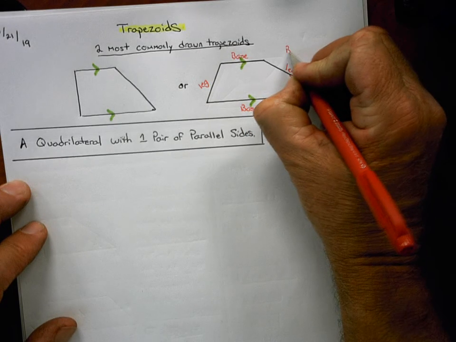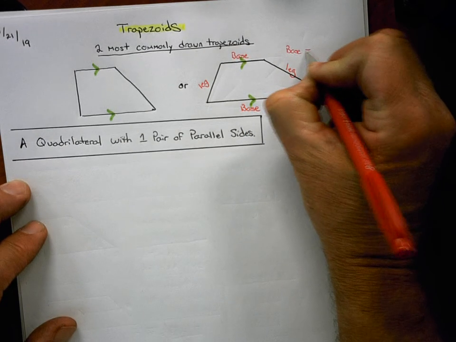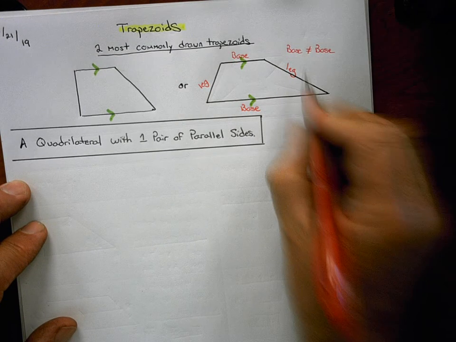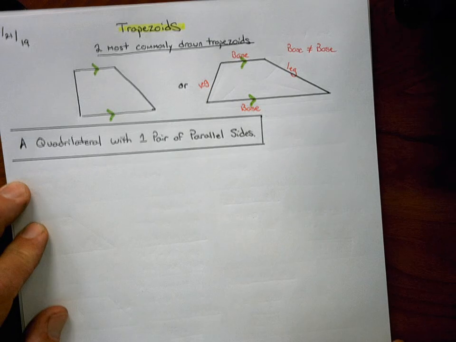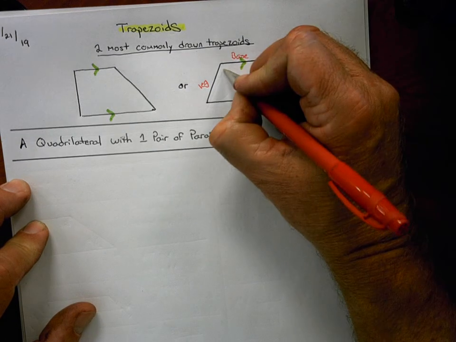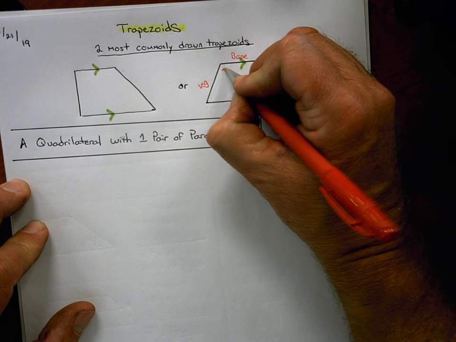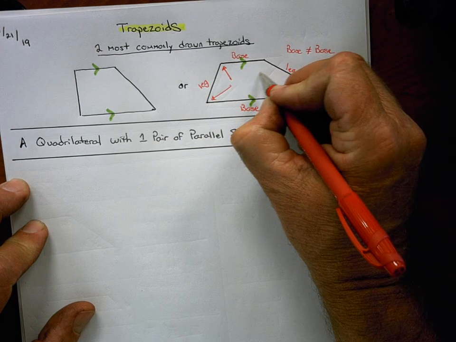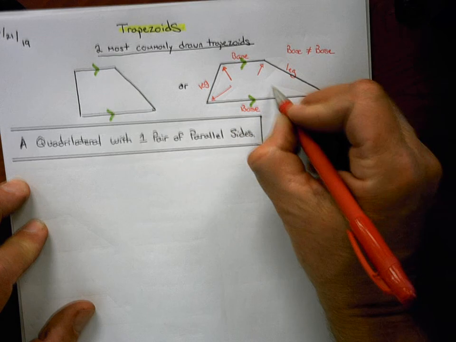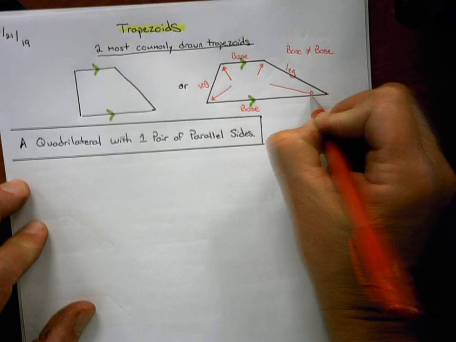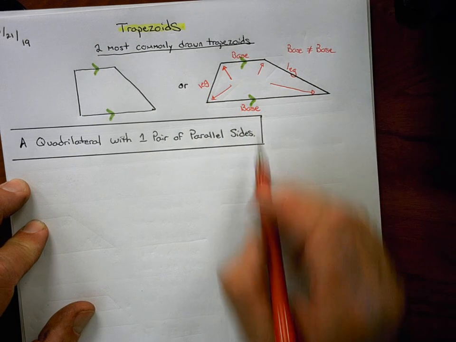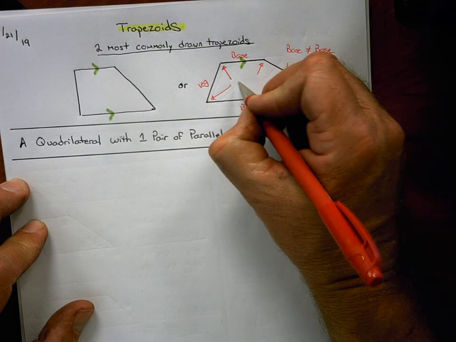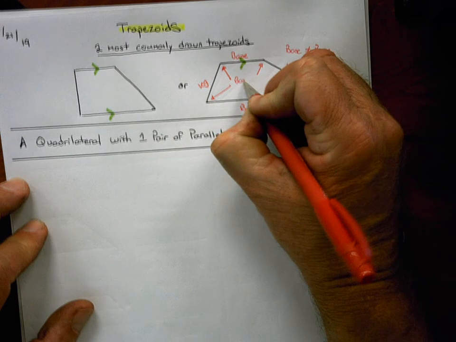So one of the bases in a trapezoid will never equal the other base. Okay? And then one more bit of terminology here, all four of the angles are called the same name because all four angles run along a base. All the angles are referred to as base angles.